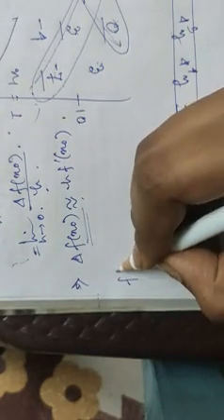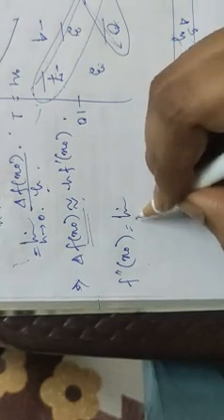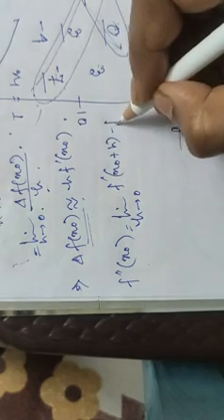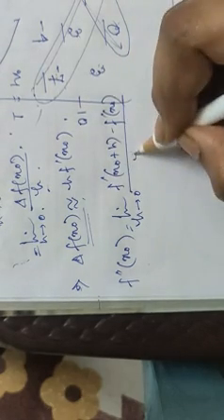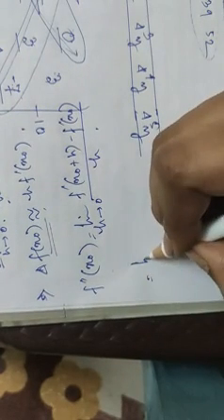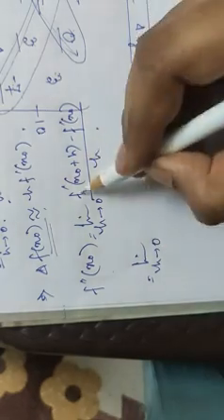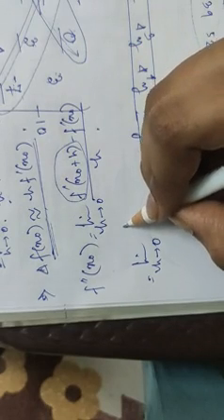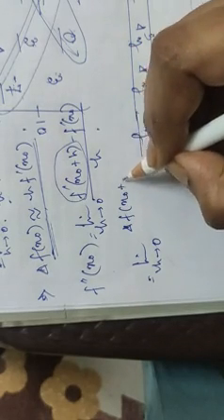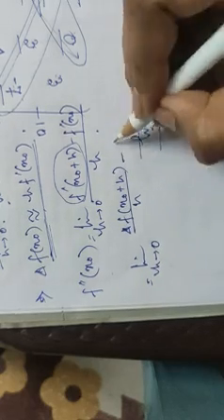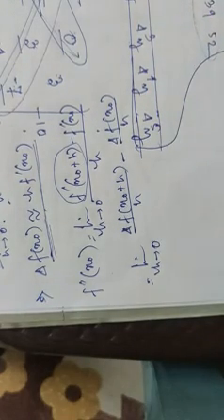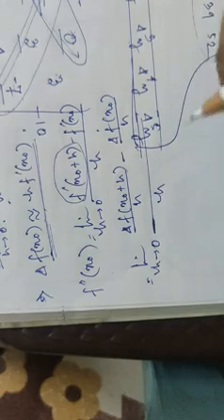Again we have f double dash x0. Its definition is limit h tending to 0, f dash of x0 plus h minus f dash x0 divided by h. Now what we can write for the upper part? Using this relation, we can write f dash x0 plus h as delta of f of x0 plus h by h minus delta of f of x0 by h, right, whole divided by h.